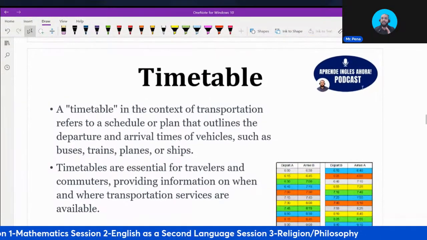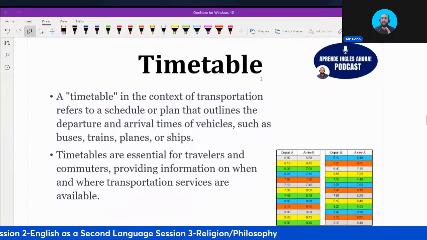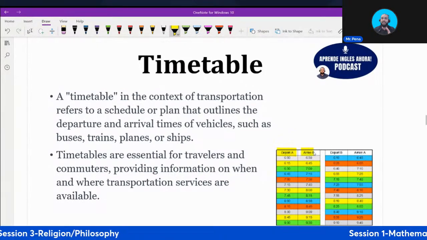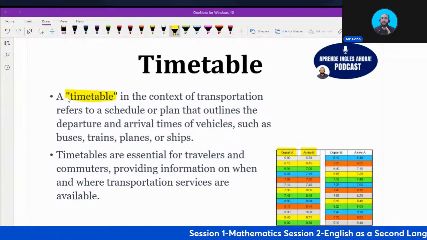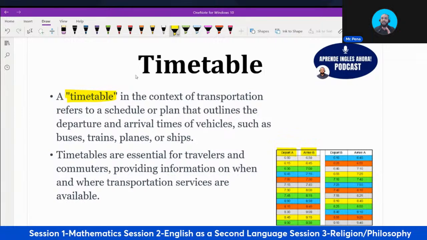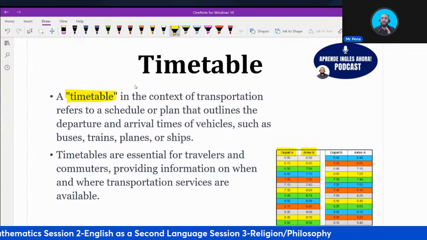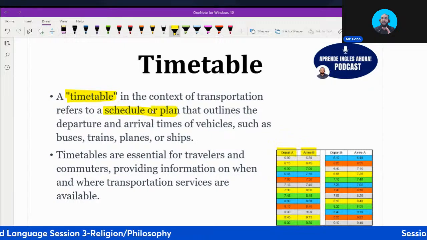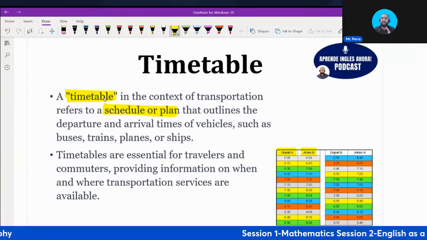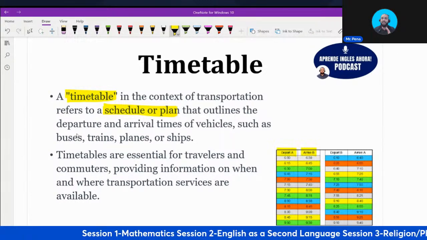Next, we have what we call a timetable. Notice in the timetable, if you're looking at the video, you have departure and you have arrival. So a timetable in the context of transportation refers to a schedule or plan that outlines the departure and arrival times. It's sort of like an itinerary, but it's public for everyone to know. And it tells you about the times and arrivals of vehicles or ships.